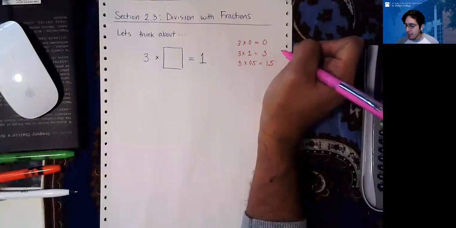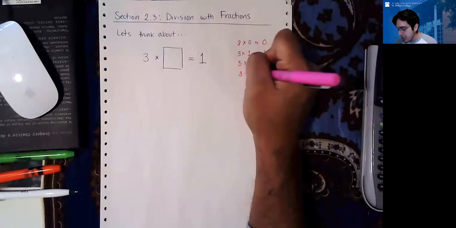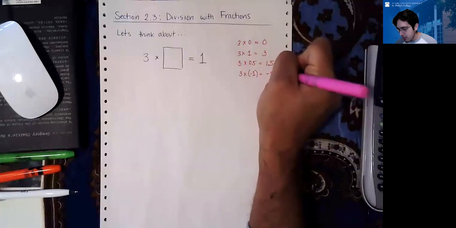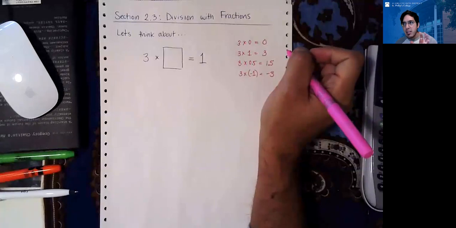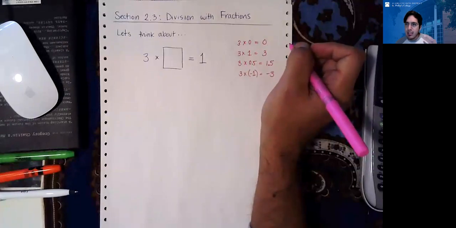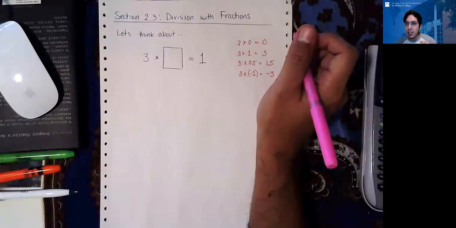But it turns out that, in my last class, I had a student say, well, maybe it's 3 times -1. But that's not right because that gives you -3, right? So we can survey larger whole numbers like 1, 2, 3, 4, 5 and multiply that by 3 to see if we get 1. But we typically think that multiplication will grow our number.